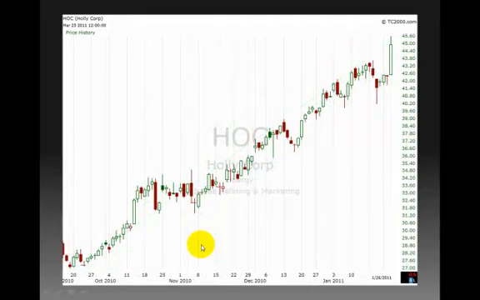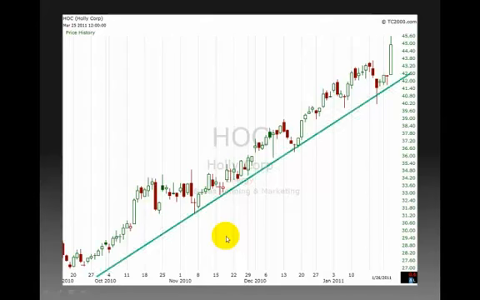Okay, moving on, we're looking at a chart of the Holly Corporation, and you can see a nice, steady, established trend, with the exception of this little consolidation area here, but that was pretty short-lived, and that also gave us one of our signals that the trend was going to continue. Now we can see an obvious trend line.